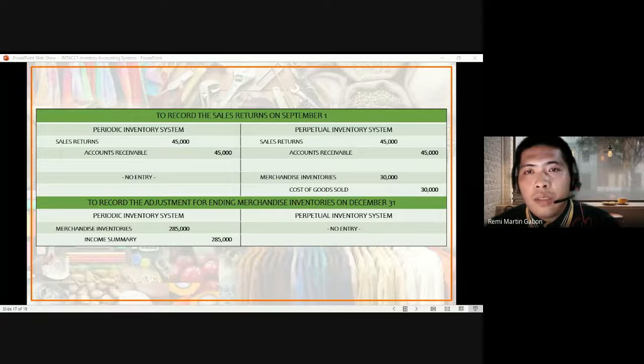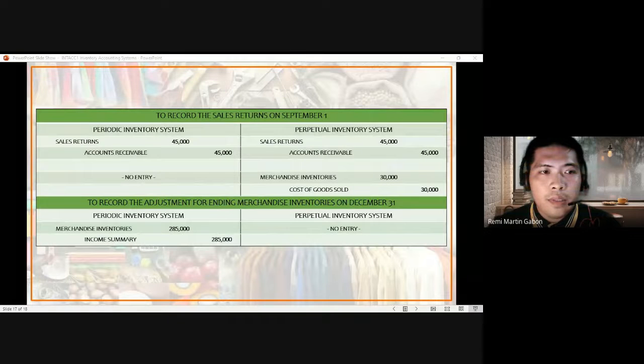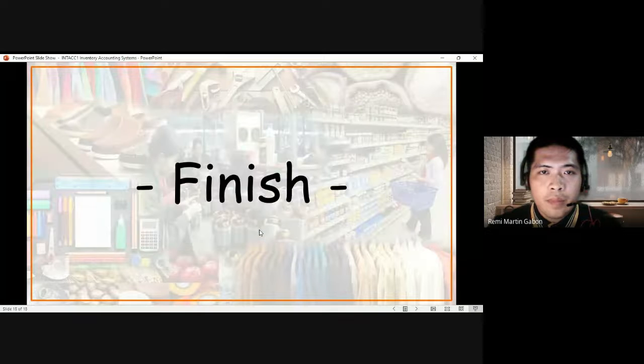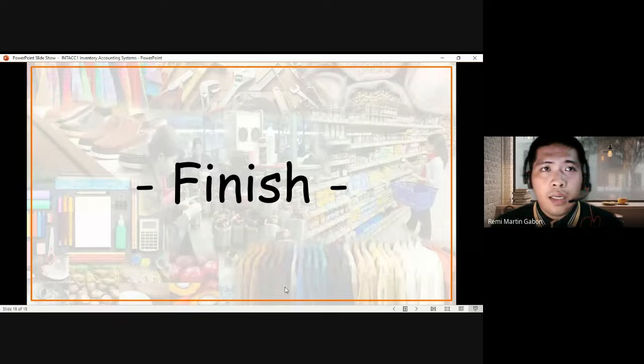Simple reason, we already have the aid of that stock card. So through the stock card, we can already verify the value of the inventories remaining, both in units and in peso. So that concludes our discussion with inventory systems.